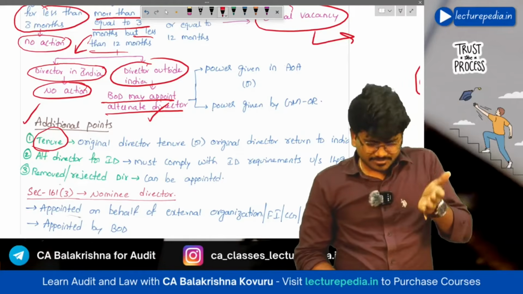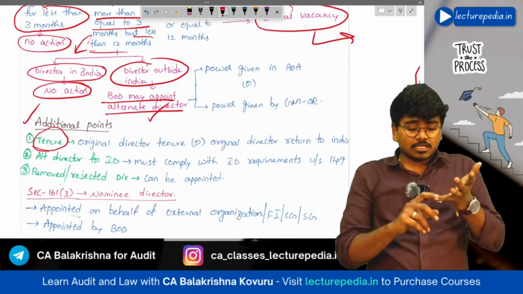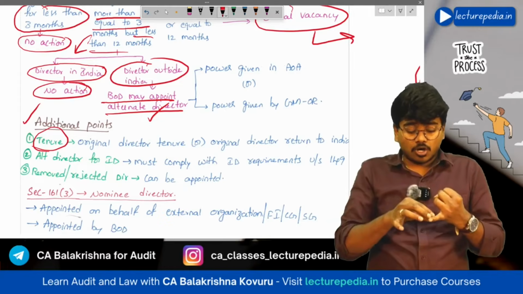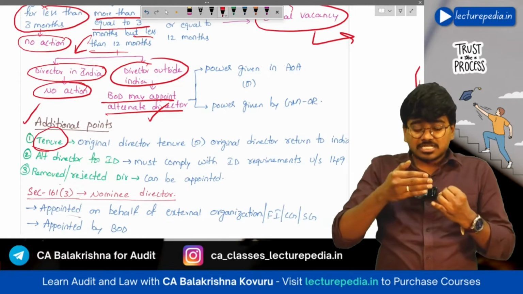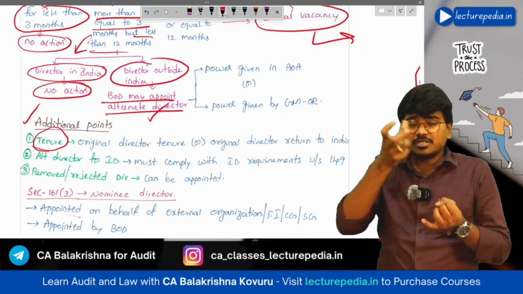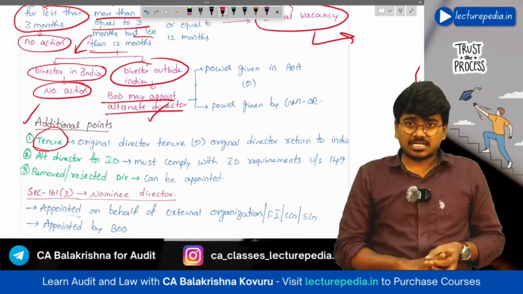See, the tenure will be the tenure of the actual director, or the date on which the actual director returns to India, whichever is earlier. That will be the tenure of the alternate director.